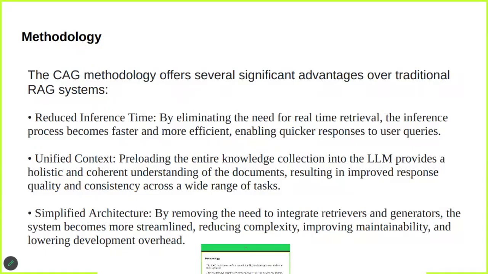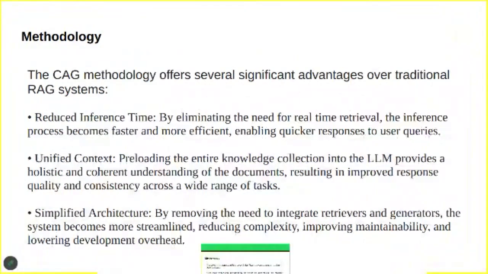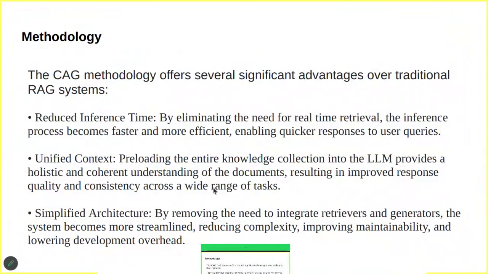Then the next thing is unified context. The LLMs understand the data more and give more accurate responses. Preloading the entire knowledge collection into the LLM provides a holistic and coherent understanding of the documents, resulting in improved response quality and consistency across a variety of tasks.